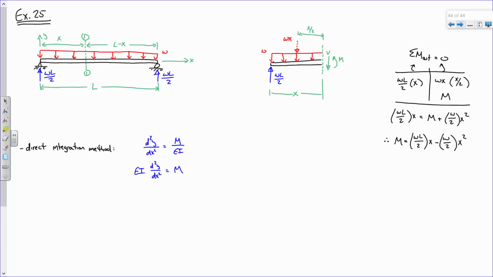So if that's the case, then I propose that EI times the first derivative, which, by the way, is just EI times the slope, is going to be the integral of M dx.